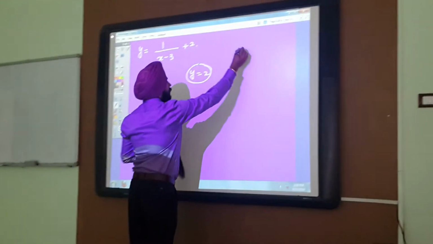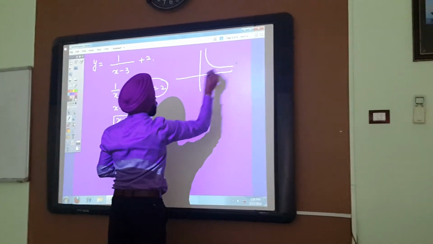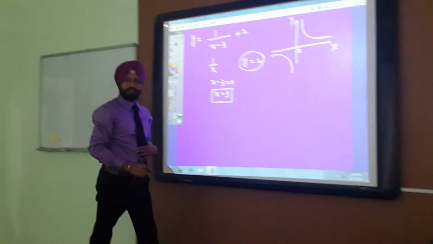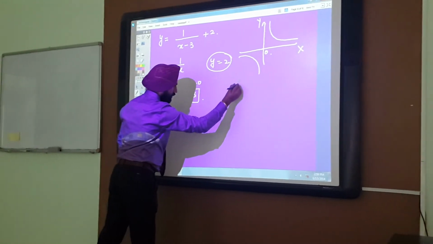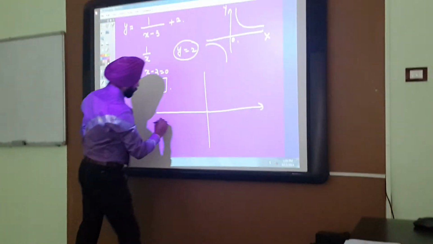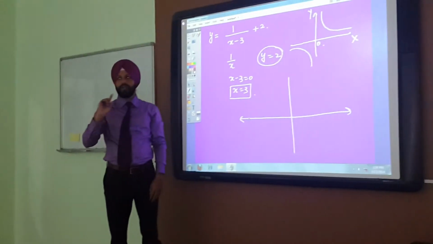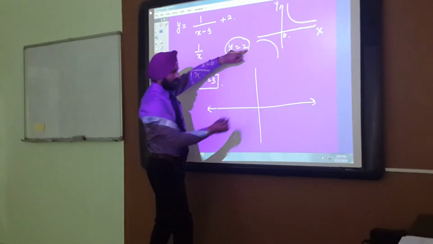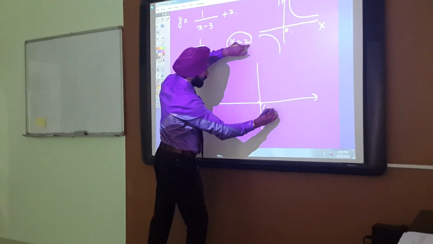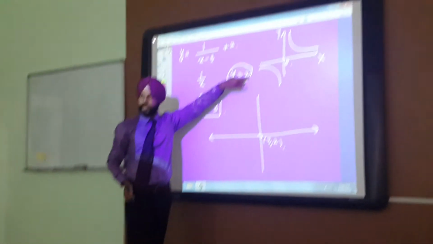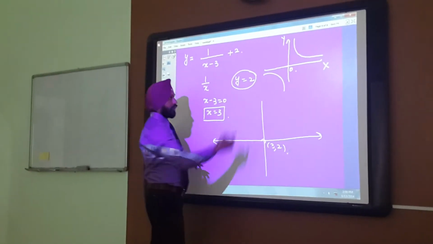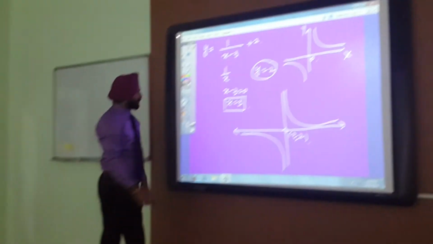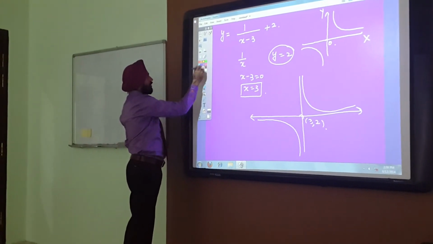Now I got the new coordinates 3, 2. So what I will do now, because the standard curve is this and this, x and this is y, 0. So I will plot my horizontal and vertical lines, but don't use 0, 0 here, okay? Because my new coordinates are 3, 2. So let's put this number as 3, 2. Okay? Now plot the curve, the standard curve. Now to make it sure that whether we are right or not, so what we will do?